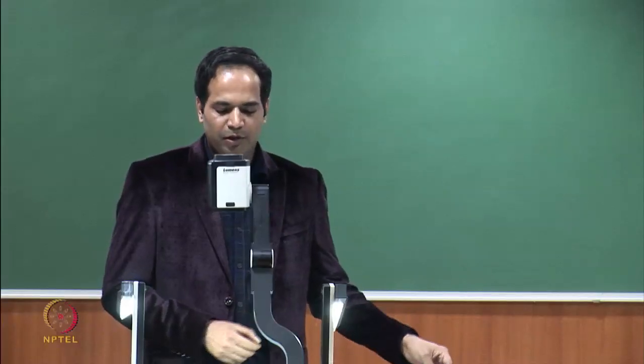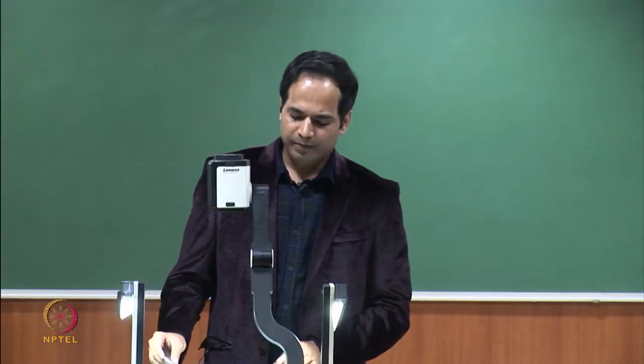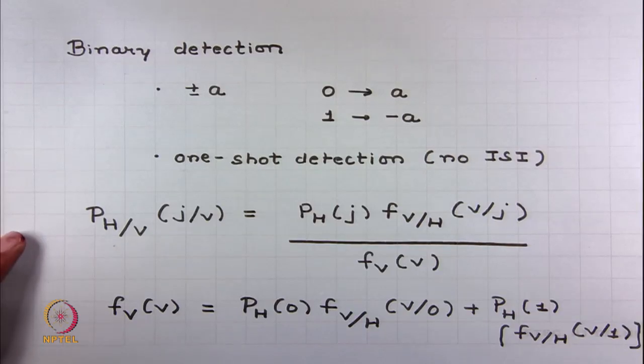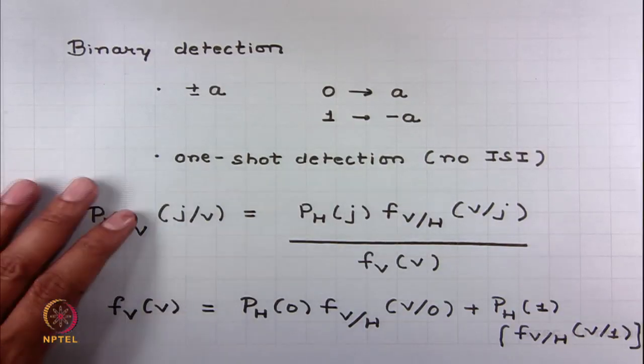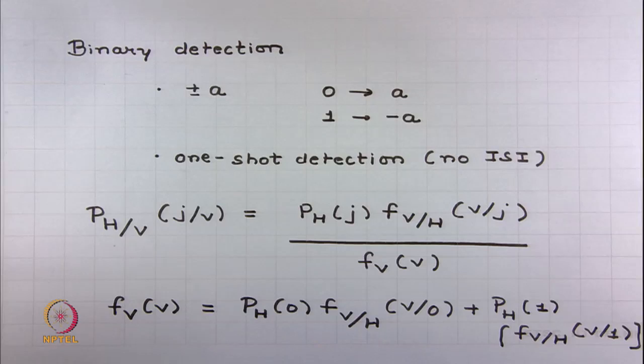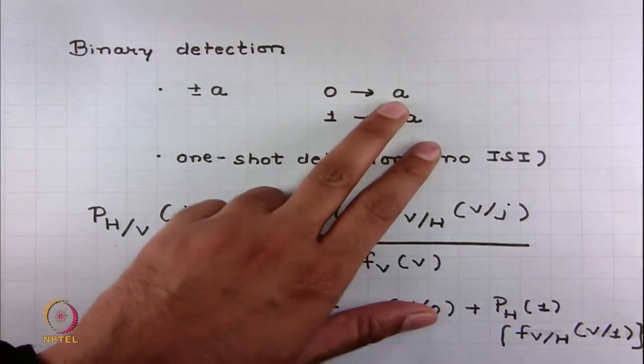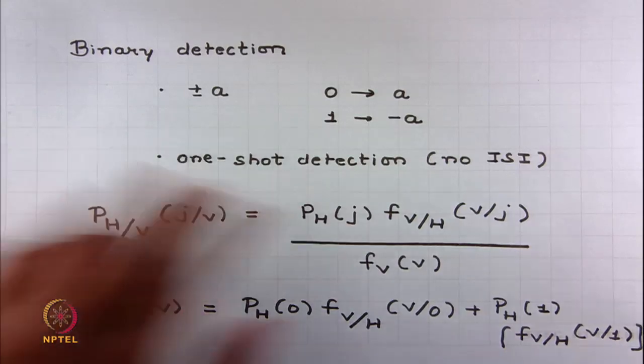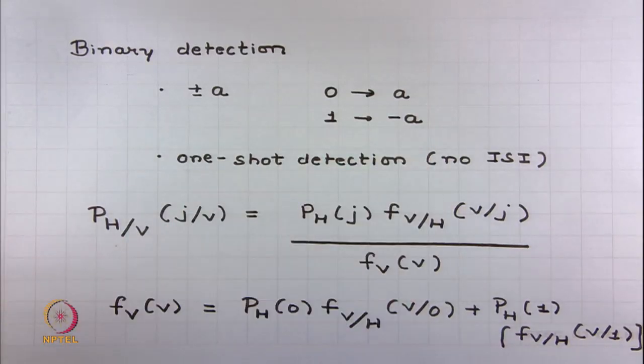Okay. So, once we have understood the detector, let us try to extend this theory for the binary detection case. So, now we are confining ourselves to the one shot detection problem, and we are also confining ourselves to binary detection. That means, either we are transmitting a symbol A, which we transmit when we have a bit 0 coming in, or we transmit a symbol minus A, which we have when we have a bit 1 coming in.